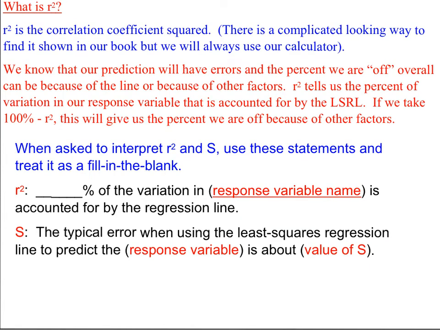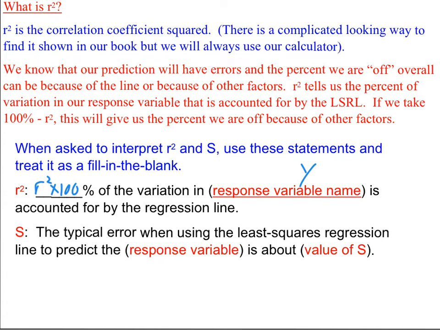It goes right along with R squared, which we've talked about. If we take R squared and multiply it by 100, that is the percent of variation in Y that's accounted for by our line. The reason these two things go together is because as R squared gets really big, S gets small.